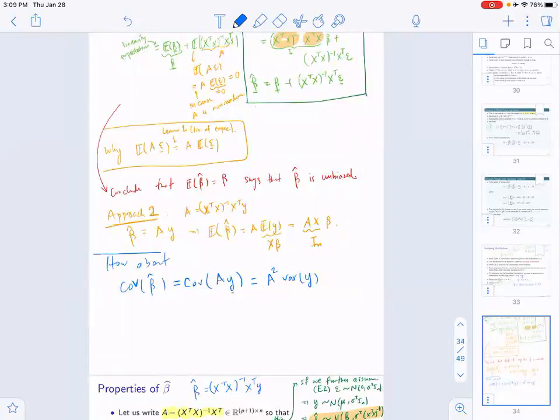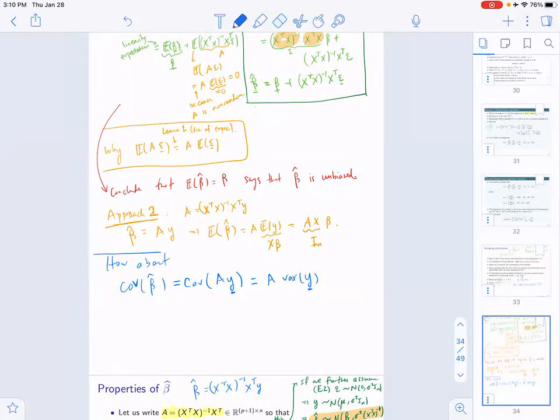So this is a vector, right? So what does the variance of y mean here? This would be okay if A and y were scalars, but we need a little bit more care here. Maybe A variance of y A transpose?